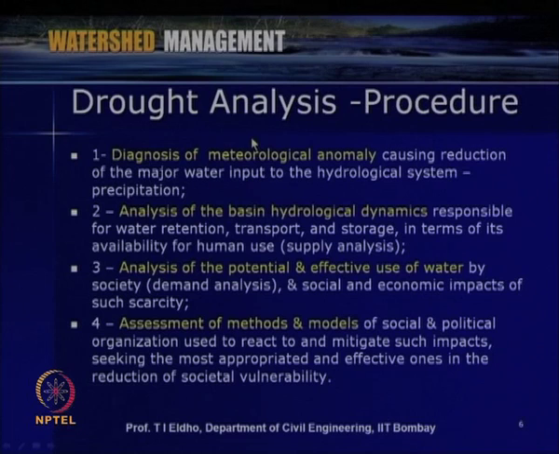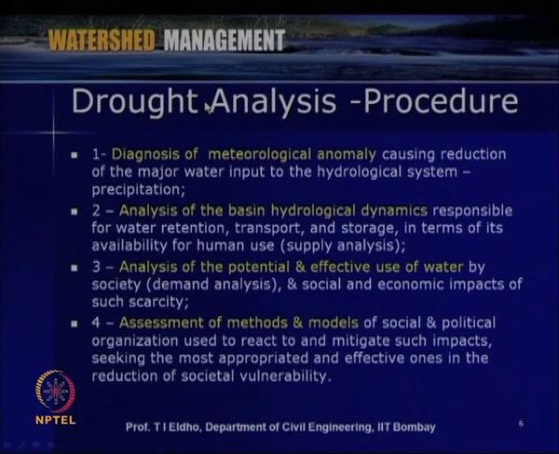Now, when we look into drought analysis, we have to see the various aspects of drought for the particular area. The generally used procedure here I have put in 4 steps. The first one is the diagnosis of meteorological anomaly causing reduction of the major water input to the hydrological systems, that means generally the precipitation or snowfall.